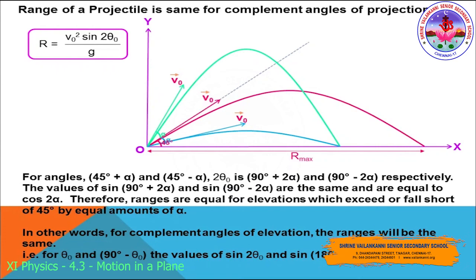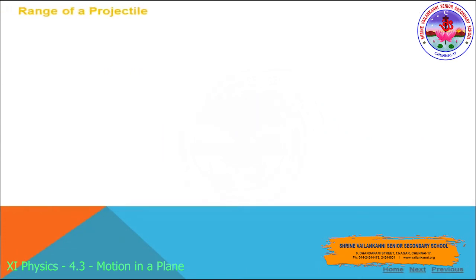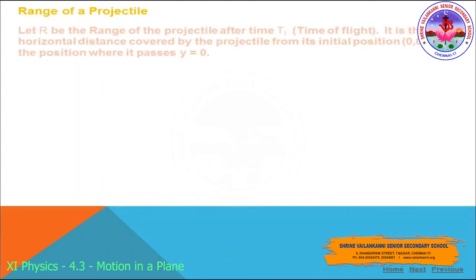Got it, children? The next one is the range of the projectile. Let R be the range of the projectile after the time tf. It is the horizontal distance covered by the projectile from its initial position 0, 0 to the position where y is equal to 0.